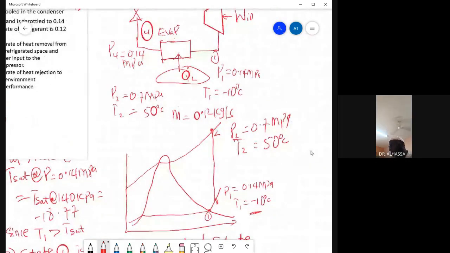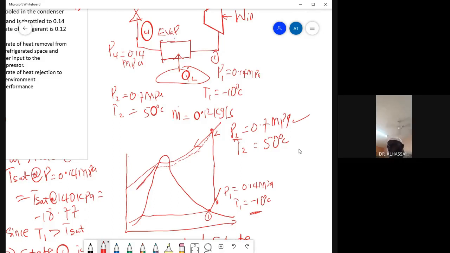The pressure here is 0.7, but we are told that during the cooling process the pressure was reduced. So the actual reduction goes like this, and then it goes this way.